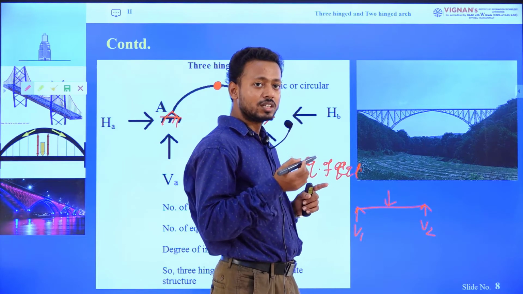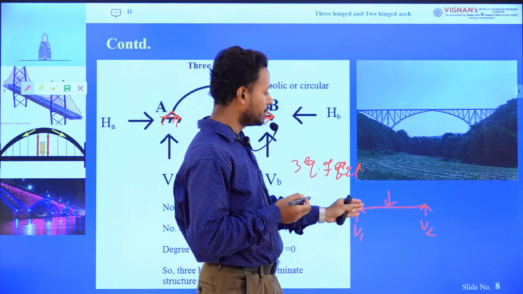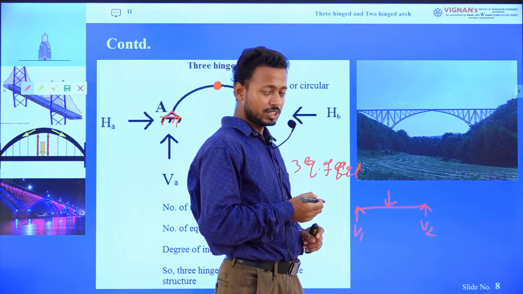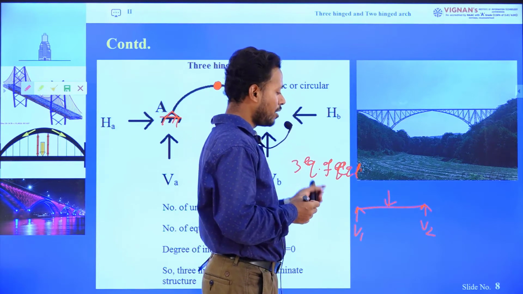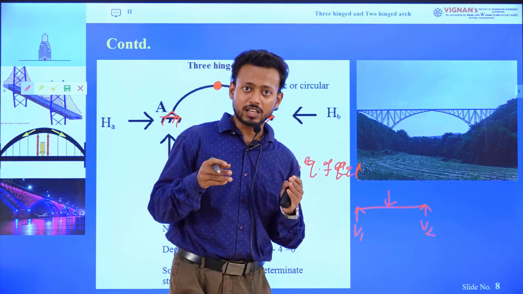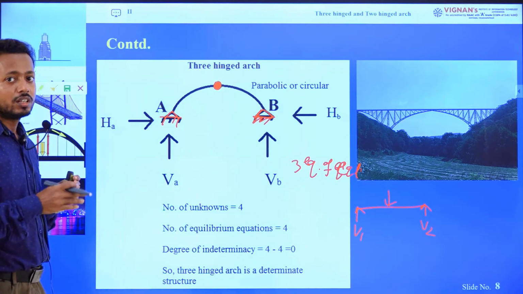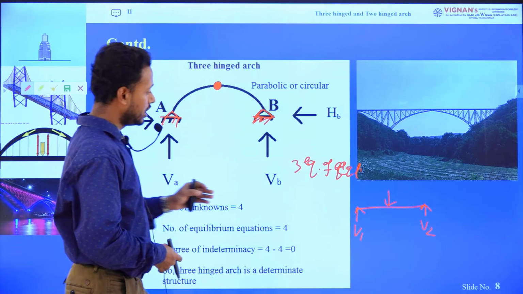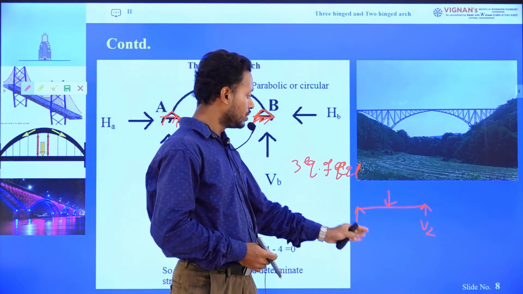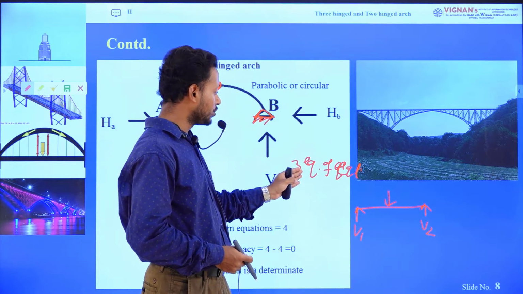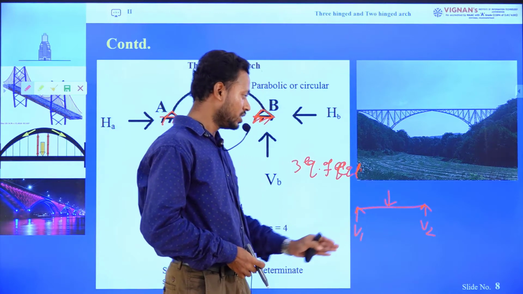That means it is obviously a determinate structure. If the number of unknowns is greater than the number of equations of equilibrium, then it will be called an indeterminate structure. Here the number of unknowns is 2, which is less than the number of equations of equilibrium. It is a determinate structure.